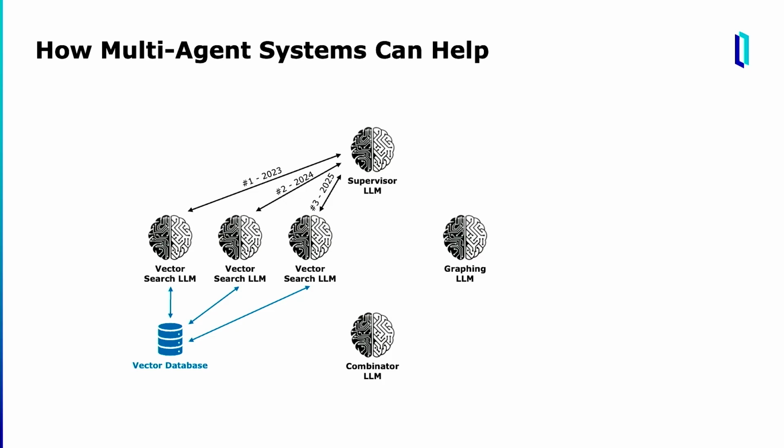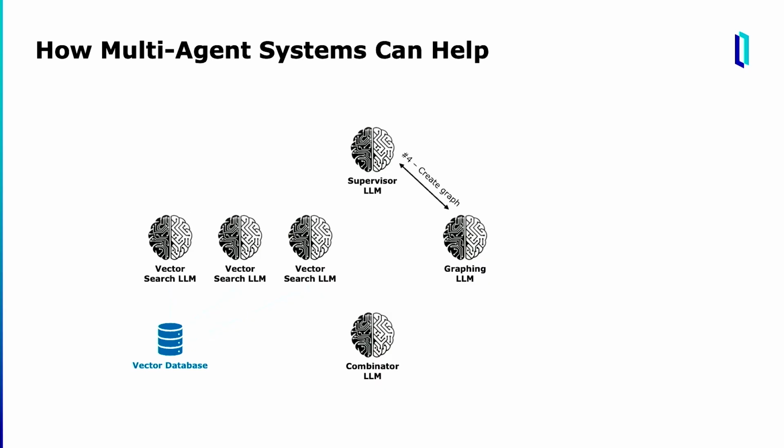More vector search agents or less than this can be spun up depending on the nature of the search as well. But the nice thing here is that these 3 searches can be parallelized because one doesn't depend on the other. So the vector search agents will get this search with a more refined scope, produce more reliable results because it has more strict search parameters, and it will return all of this data to the supervisor.